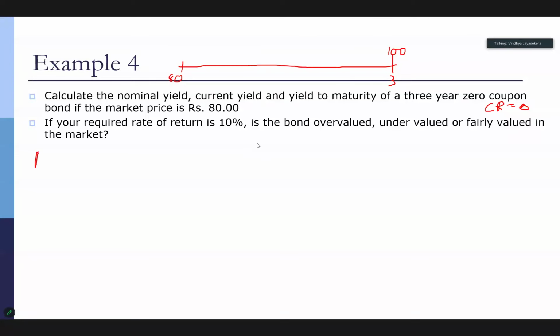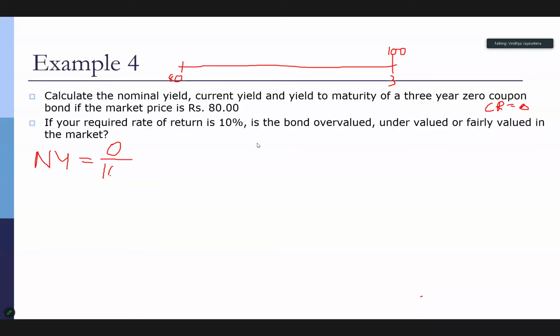Therefore, what is the nominal yield? Nominal yield is a coupon of zero divided by face value, right?